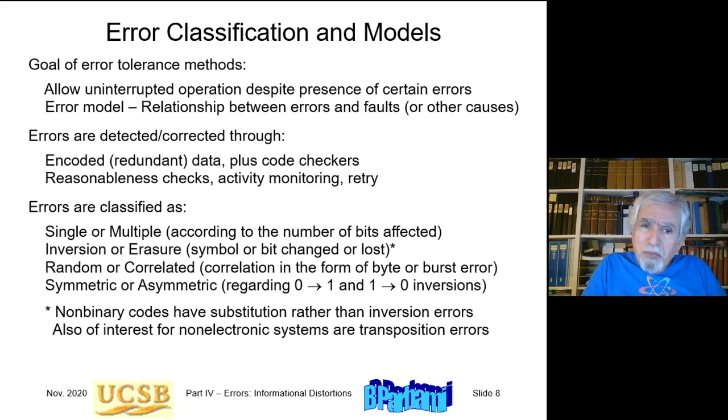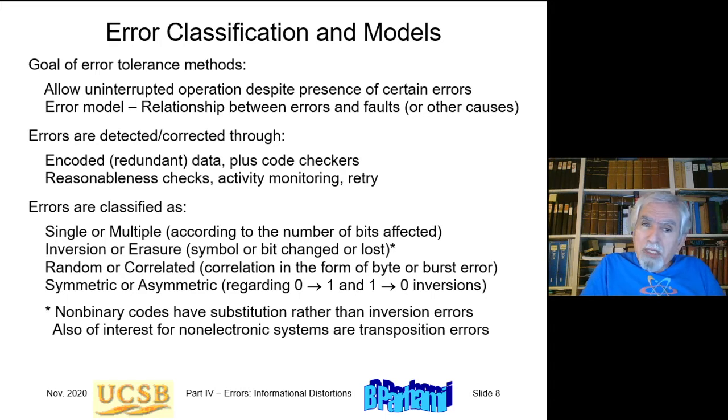For example, if data comes in and you're processing that data that represents the height of a person in feet, and the data is 12, then a reasonableness check basically detects the error, assuming that there's nobody in the world who is 12 foot tall.